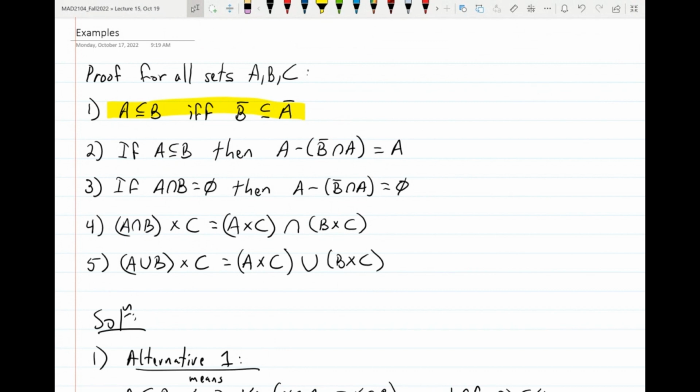So let's see. What would be one alternative, one way of doing number 3? Let's see, did you do it? It's actually very straightforward.